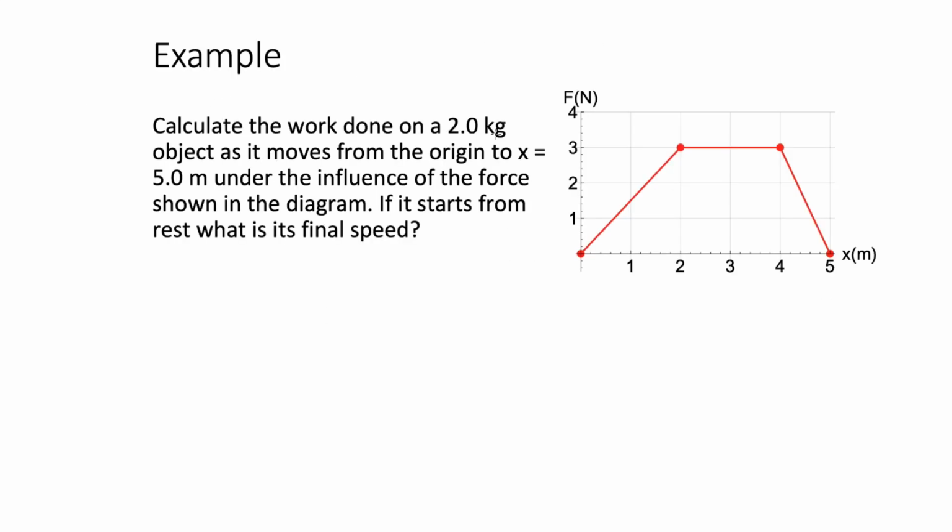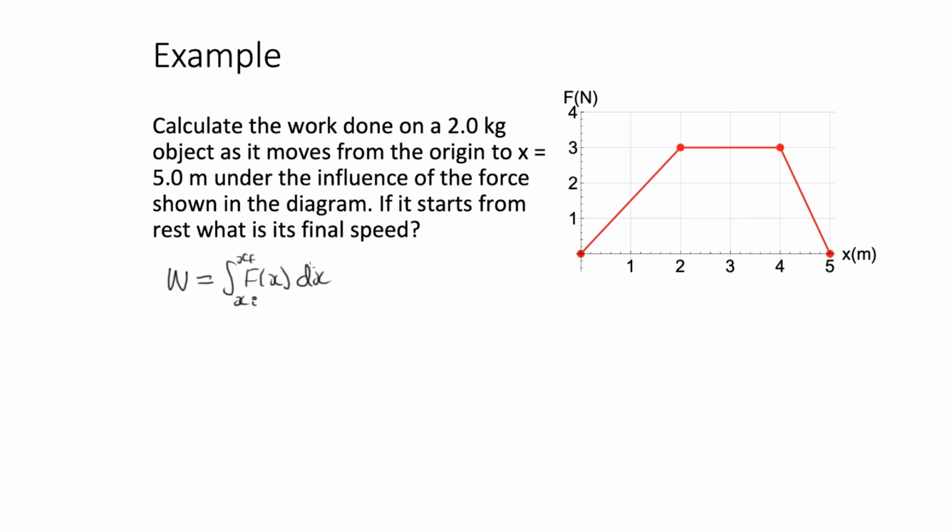Calculate the work done on a 2 kilogram object as it moves from the origin to x equals 5 meters under the influence of the force shown in the diagram. If it starts from rest, what is its final speed? Okay, so we're going to be using the equation that the work done is equal to the integral of f as a function of x dx from the initial position to the final position.